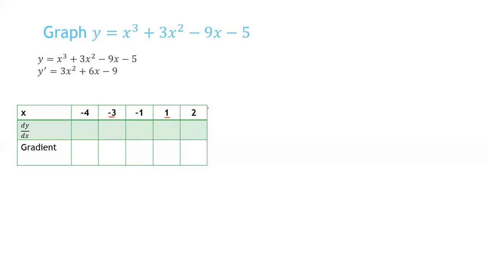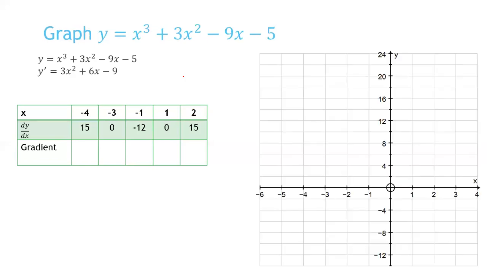All right. Now we are going to fill every column of dy/dx, the first derivative, like this. Okay. If x equals negative 4, the first derivative will become 15.